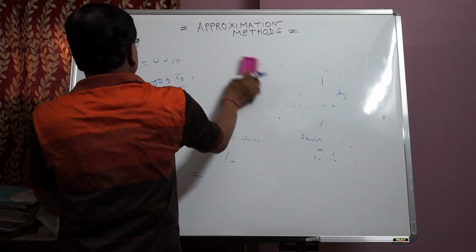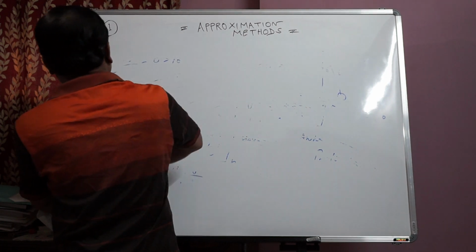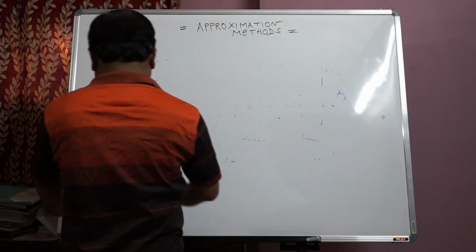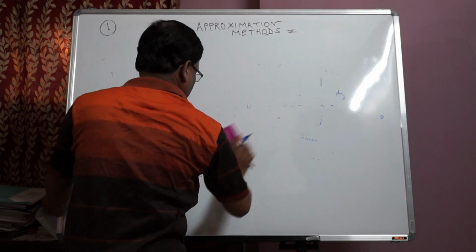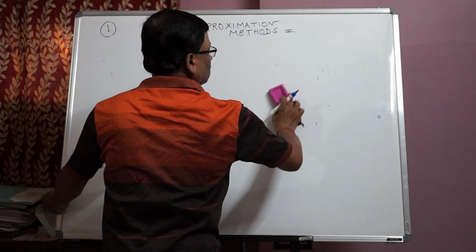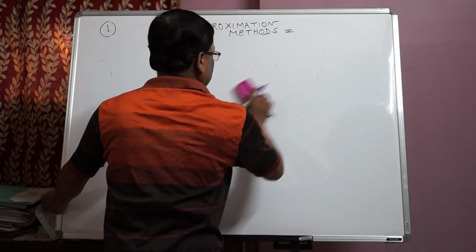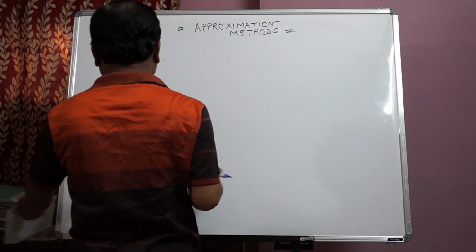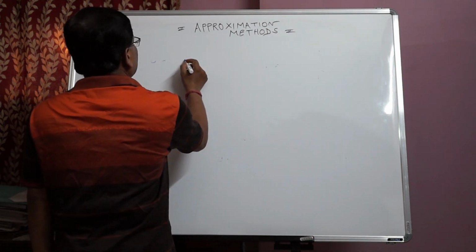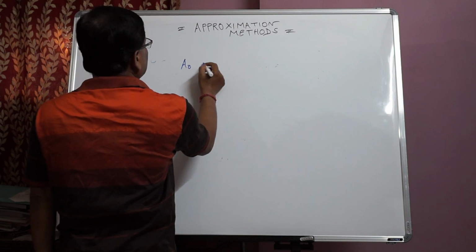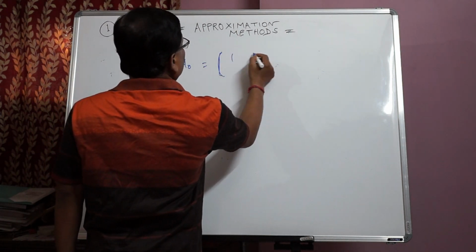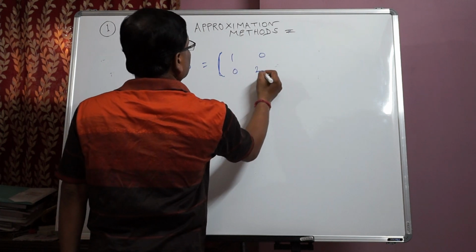So let us take an example from mathematics, from matrix. Let us write a matrix A0 as 1, 0, 0, 2.